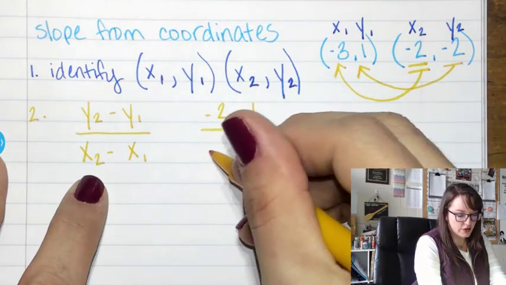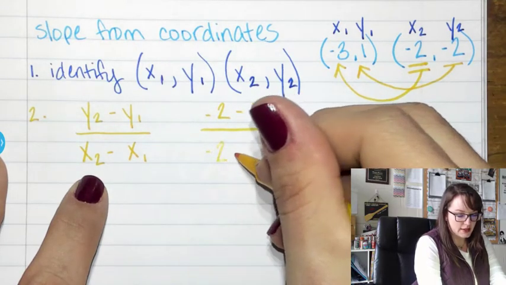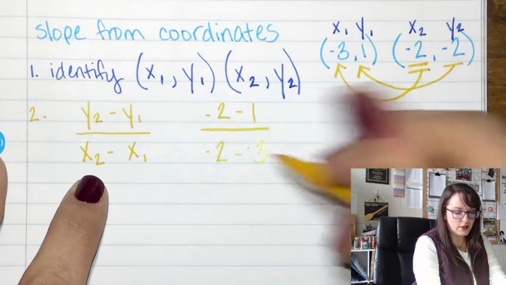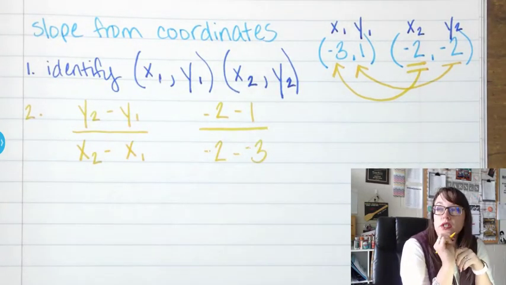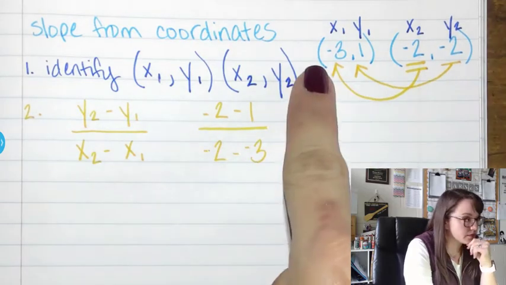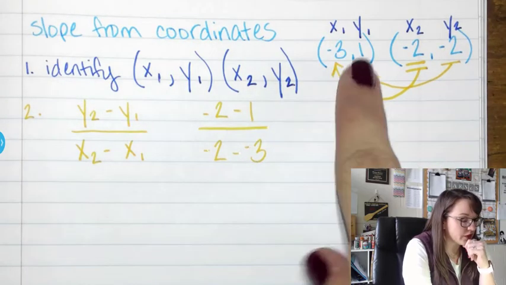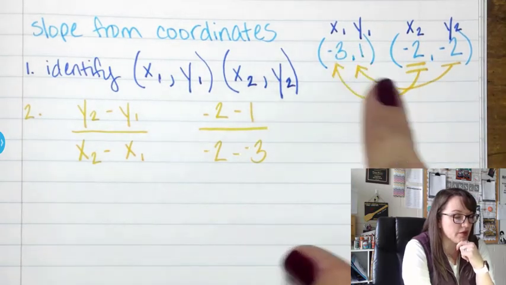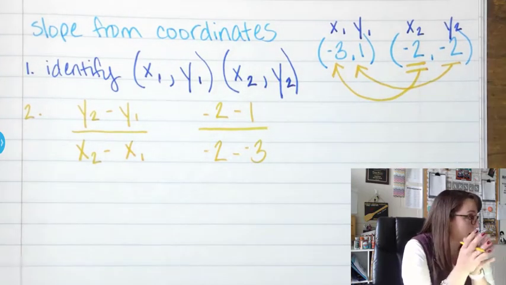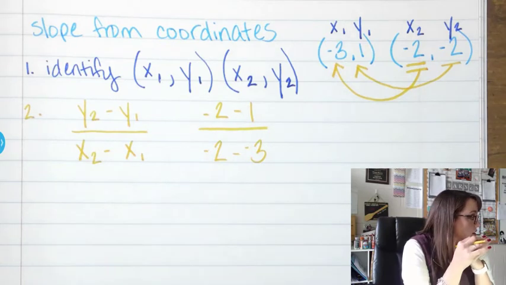So negative 2 minus negative 3. Notice I went the same direction. You have to go the same direction. If you go from your lefts to your rights, you have to do left to right on both. It does not matter.